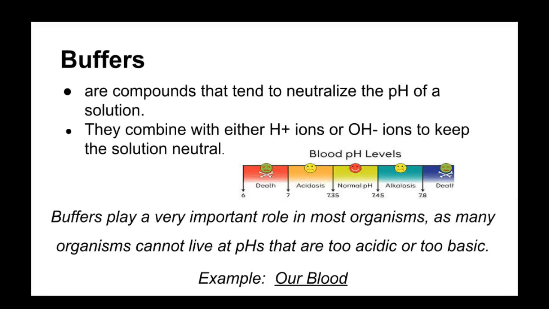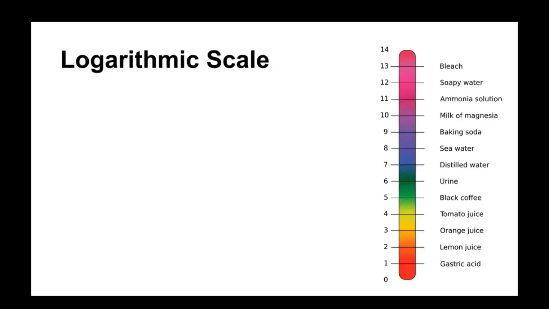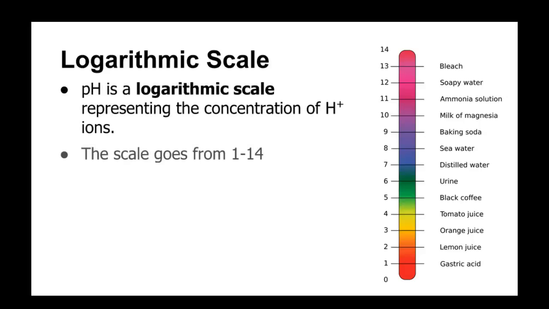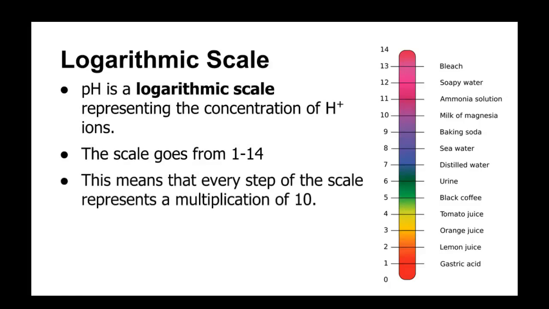So as you can see, our blood is a classic example of something that needs to be at a pretty stable pH or things will go awry. The pH scale is a logarithmic scale, and what that means is that every step in the scale represents a multiplication of 10.